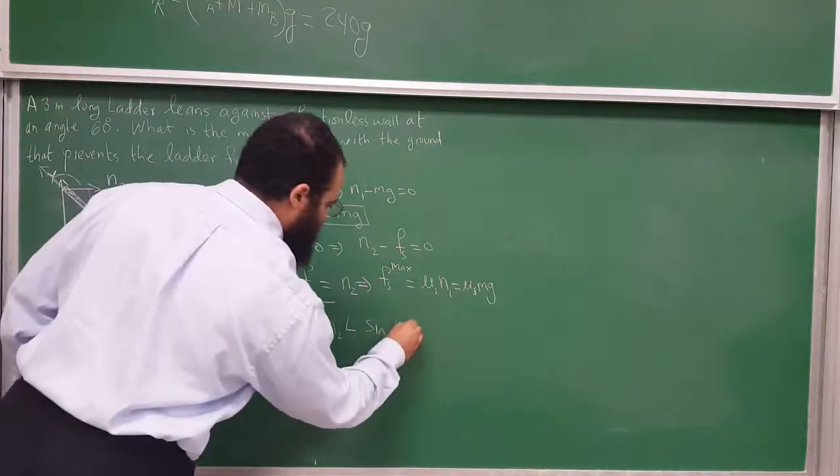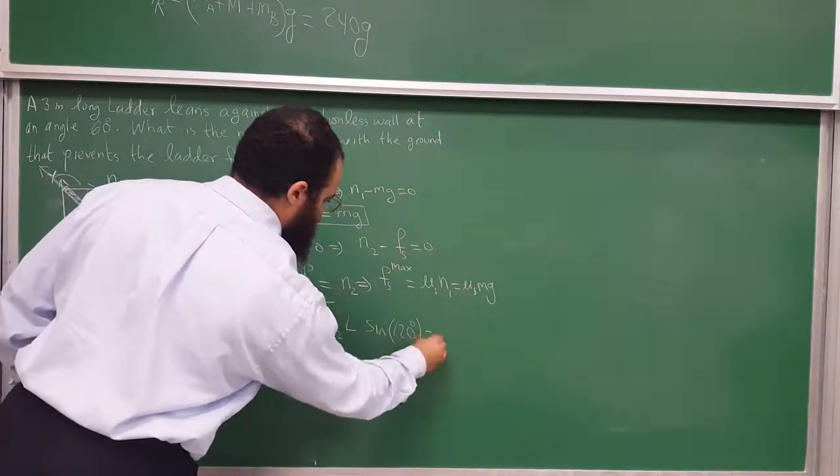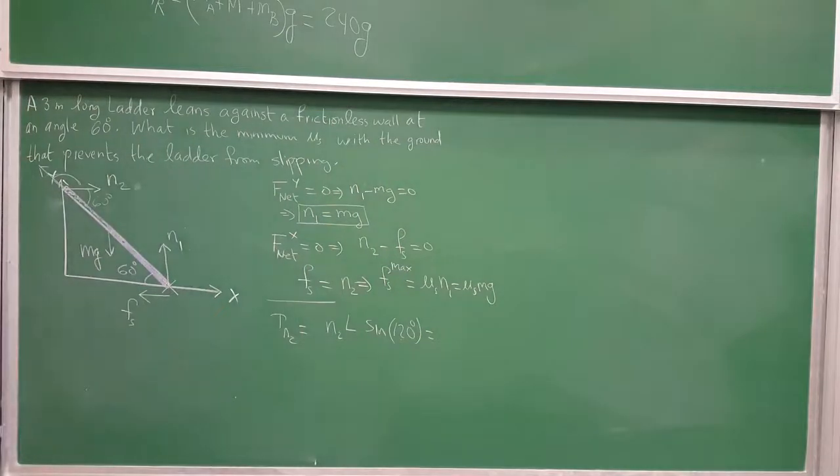Sine of 120 degrees, I think it's radical 3 over 2. Yeah, radical 3 over 2.